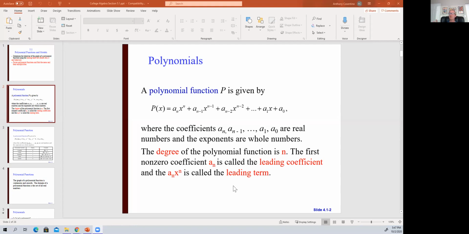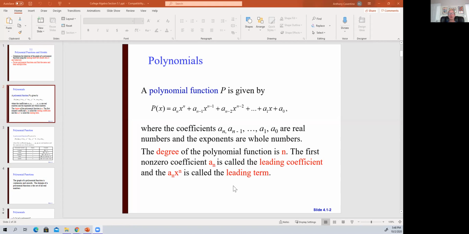So if you're given this equation, the a's are all real numbers, and then you have the variable x, and the n's are positive integers. So they would be the numbers 1, 2, 3, 4, 5, etc., etc.